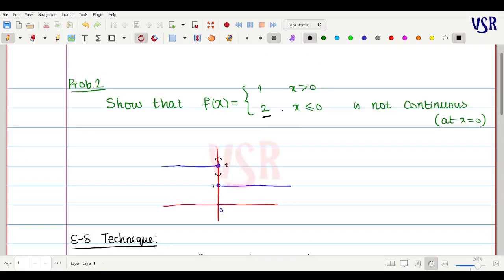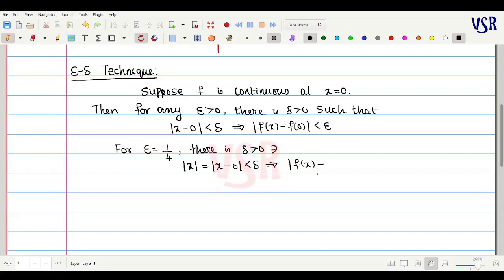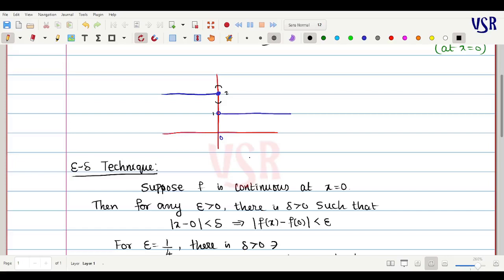Okay, so I can write here 2 itself. 2 is less than 1/4, that is what we get. Okay, so here I have got a delta. So we are having a delta. So wherever you take x within this, the value of f of x will come within this neighbourhood.